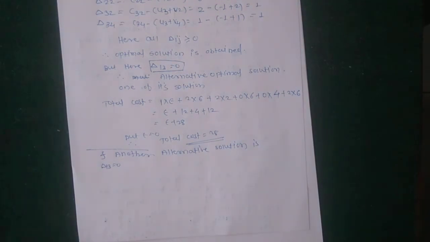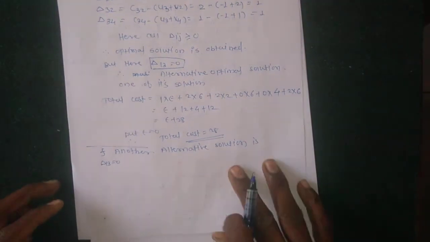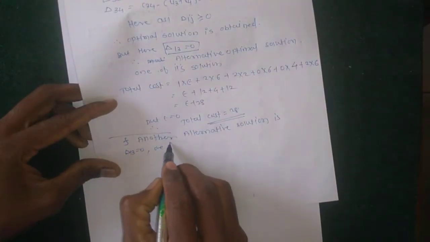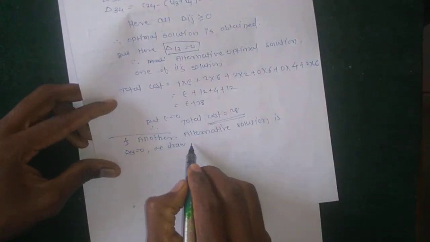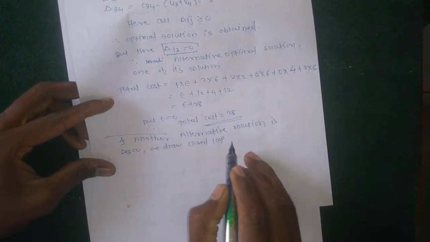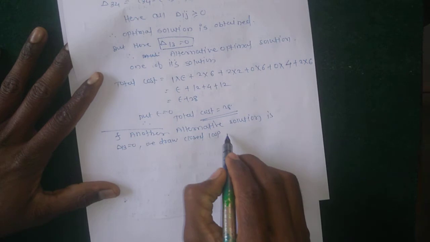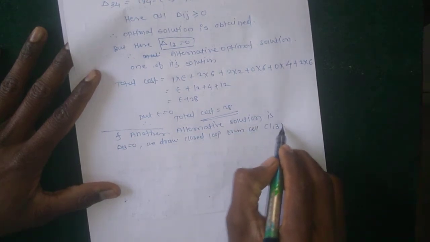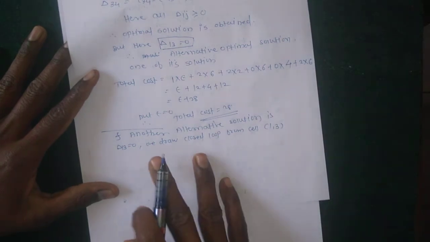Taking the loop, we draw a closed path, a closed loop from cell 1 3.